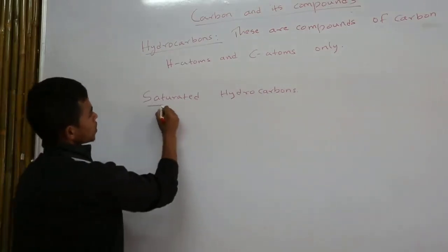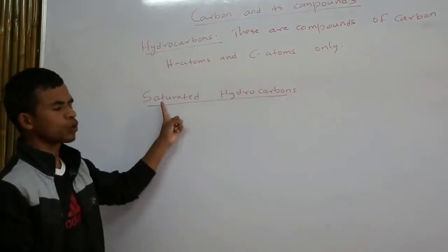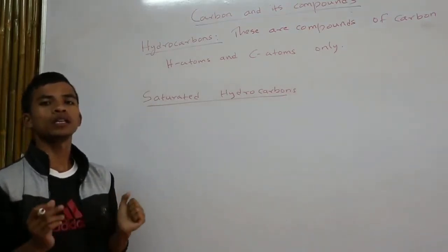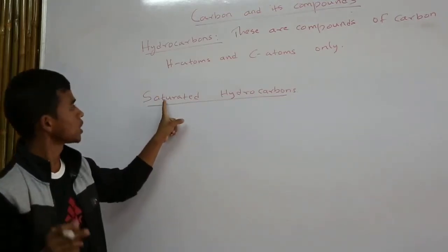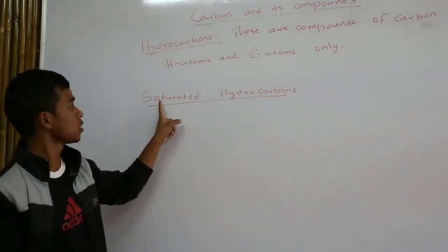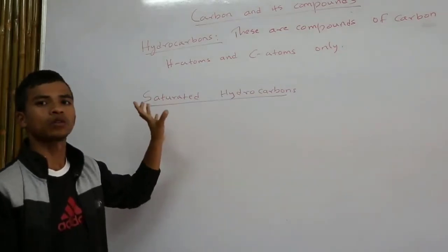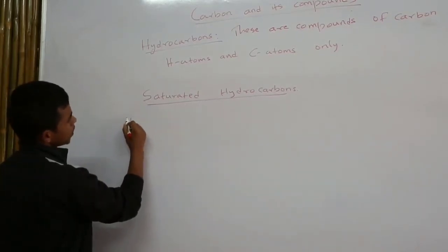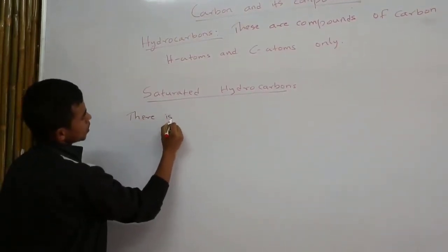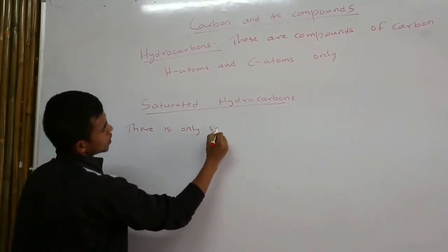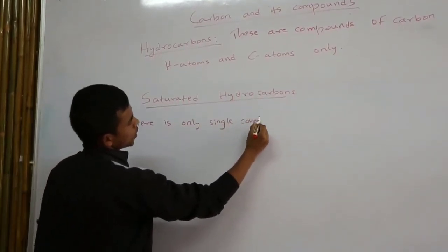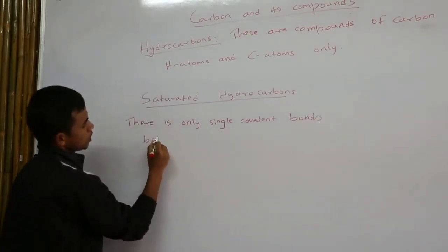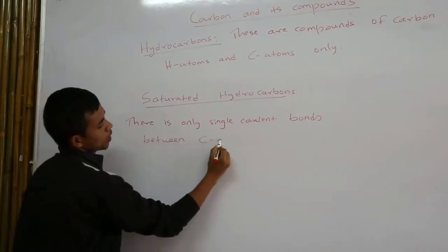The hydrocarbons are called saturated when the bonds between the carbon atoms are only single covalent bonds. There does not exist any double covalent bond or triple covalent bond. There are only single covalent bonds between carbon atoms.